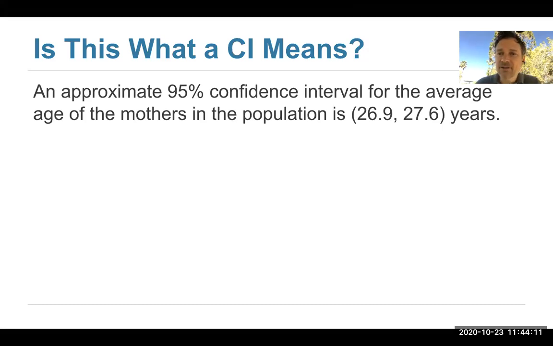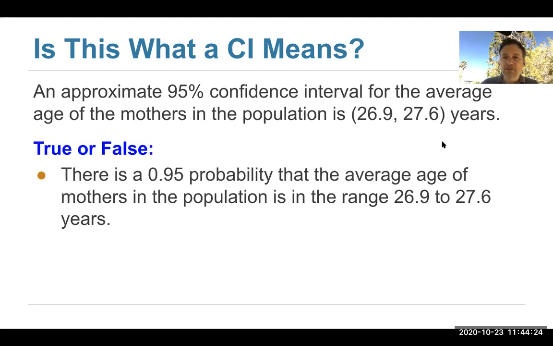So we got a confidence interval as before for the average age of the mothers in the population. That confidence interval as before is 26.9 to 27.6. So same as before, but now I'm going to ask you a different true or false question. True or false? There's a 0.95 probability that the average age of mothers in the population is in that range.